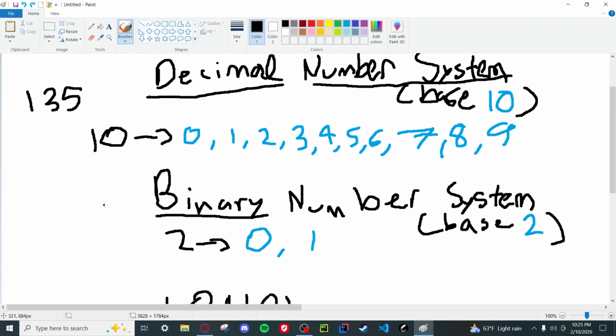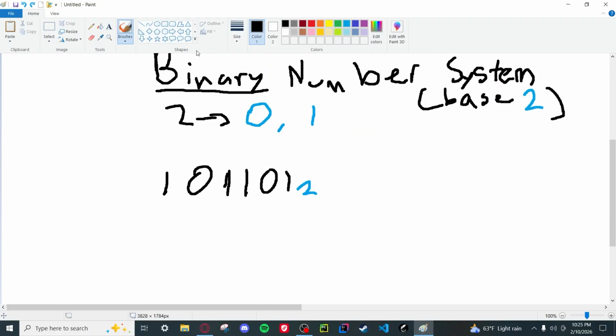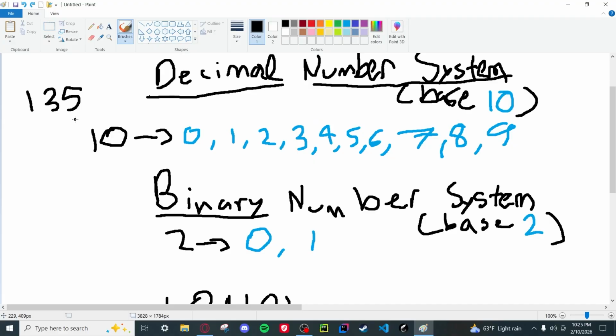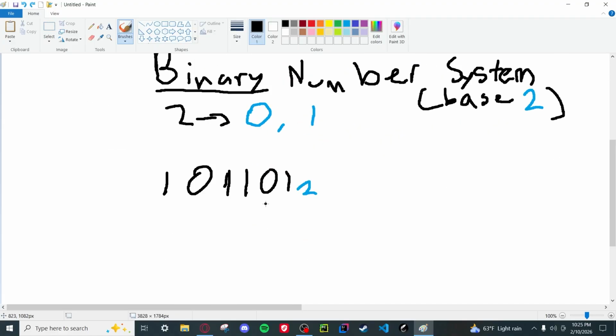In the UILCS test, they might just have 135 with no subscript. Refer to that as base 10, unless they say otherwise in some problem. But pretty much always, no subscript means base 10. Just wanted to make sure that point was clear.